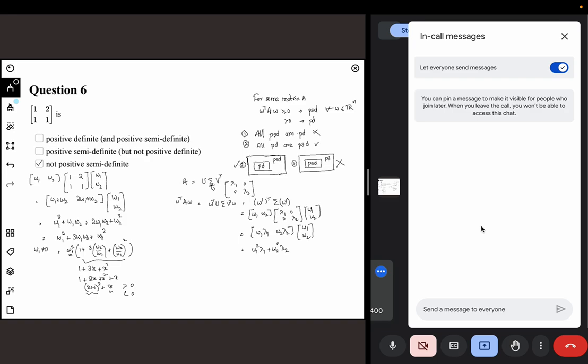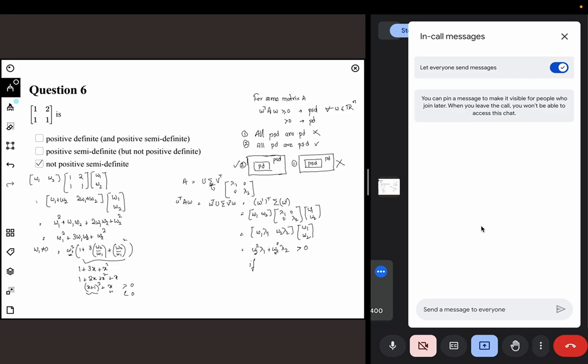Now let's say my condition for positive semi-definiteness is strictly greater than 0. Or let's get to semi-definite a little later. If we want it to be a positive definite matrix, then we need this entire thing to be strictly positive, and lambda 1 and lambda 2 are real values. So if you have a real valued matrix, then your eigenvalues will be real. W1 square and W2 square are strictly positive.